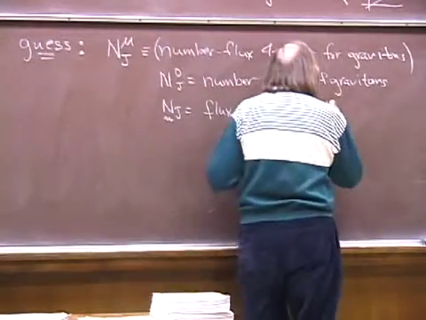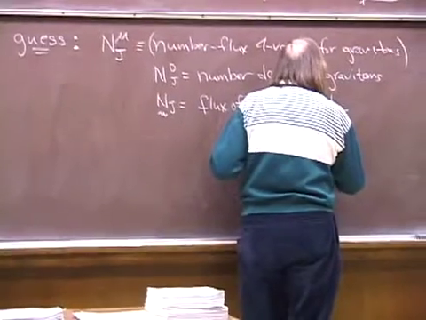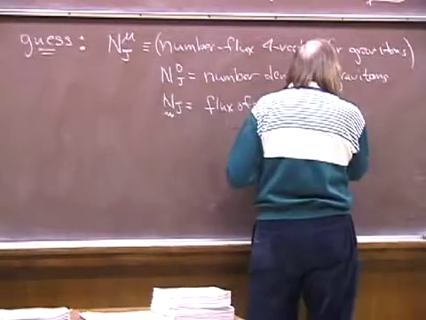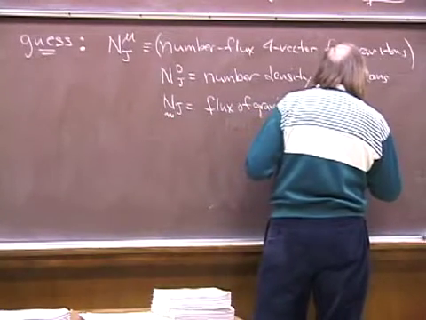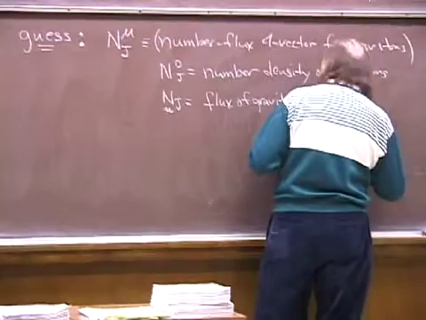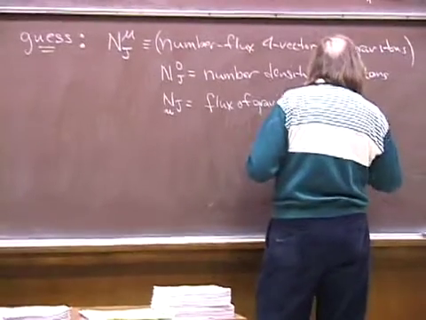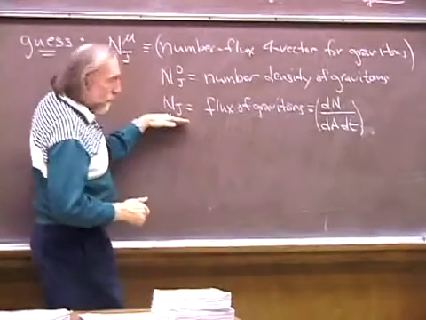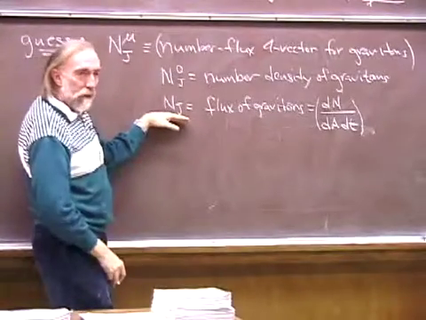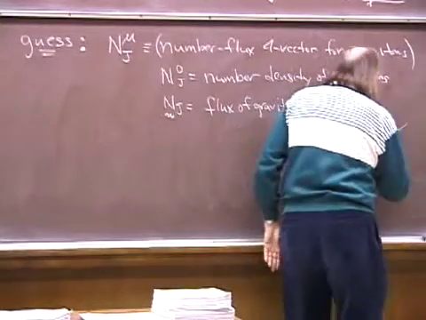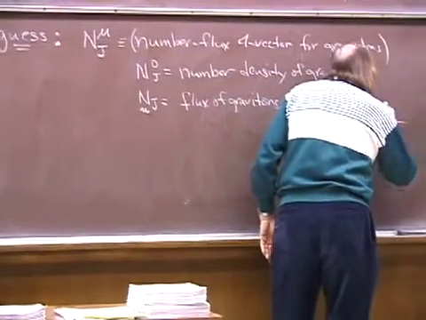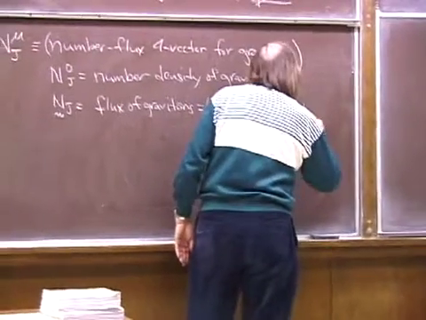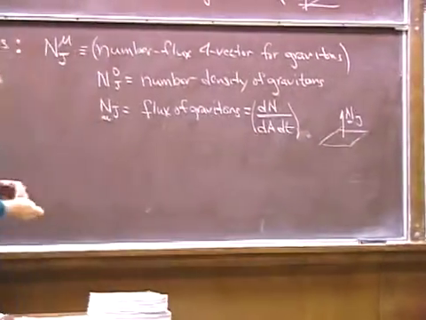That is, the number of gravitons crossing a unit area per unit time, where the unit area is in the direction that's orthogonal to this. That is, the gravitons are moving in this direction, so we pick the area to be orthogonal to the direction in which the flux of gravitons is propagating.